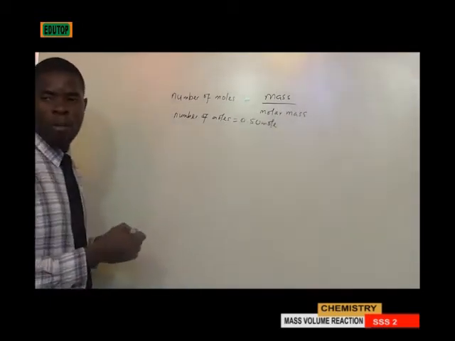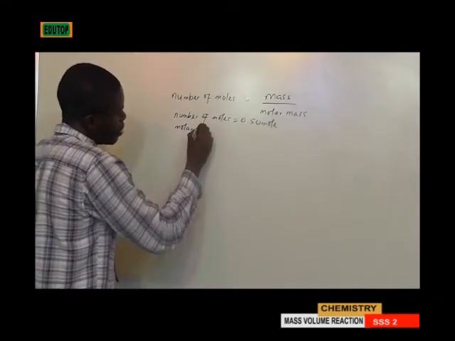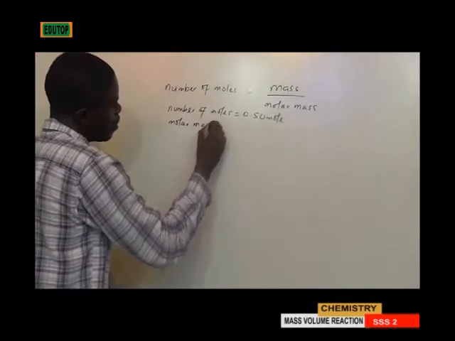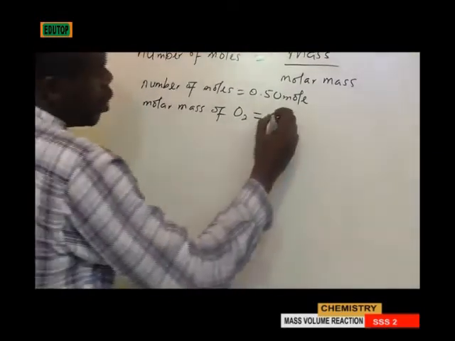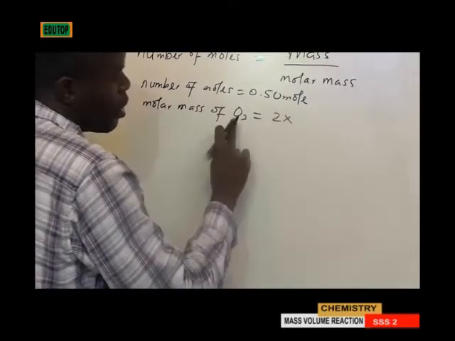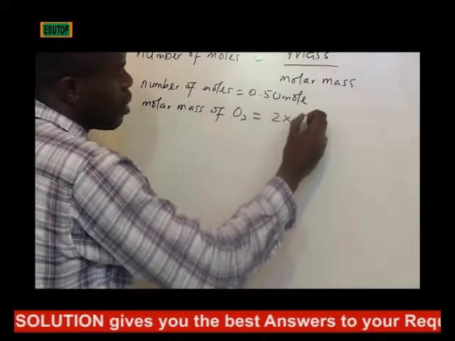Molar mass of oxygen gas, molar mass of O2, is equal to 2 times the relative atomic mass of oxygen, which is 16.